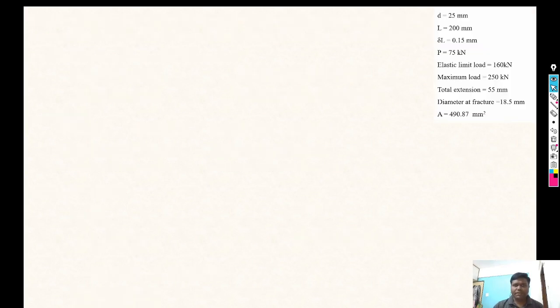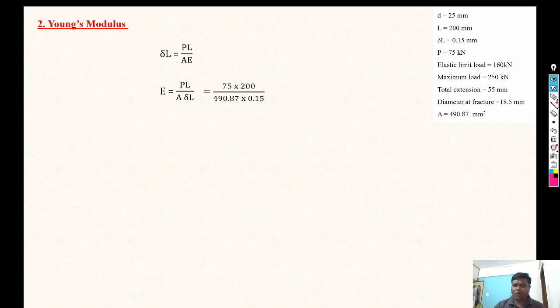Second, we require Young's modulus. We will derive the formula from the change in length formula, that is change in length equals PL by AE. So modulus of elasticity E equals PL by A into delta L. All values are with us, correct?